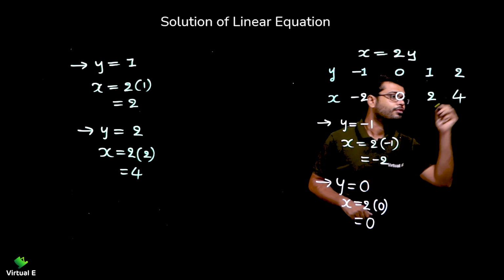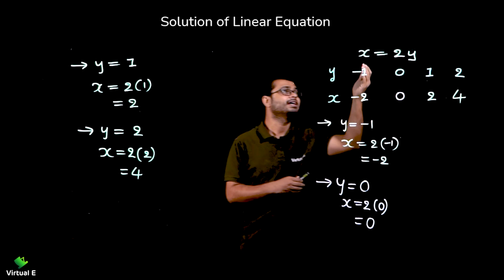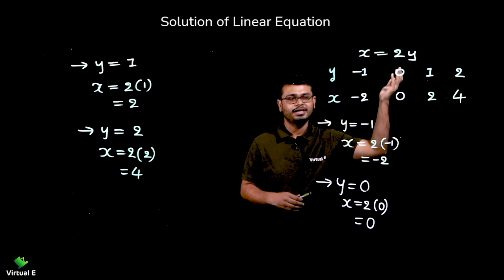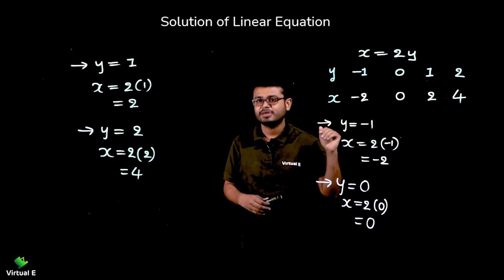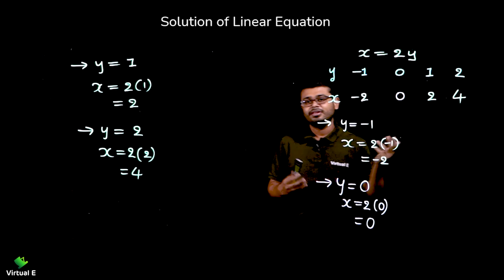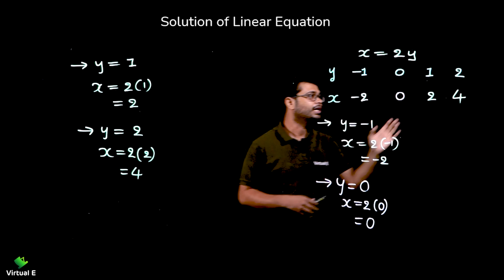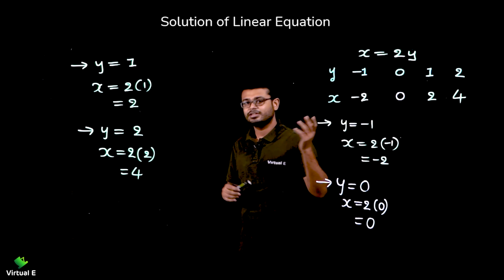Now see, observe the relation. We can see x is twice of y, right? Whatever value you take of y, you just need to multiply by 2. Minus 1 into 2, minus 2. 0 multiplied by anything, we know very well, is 0 only. 1 multiplied by 2 is 2, and 2 multiplied by 2 is 4, right?